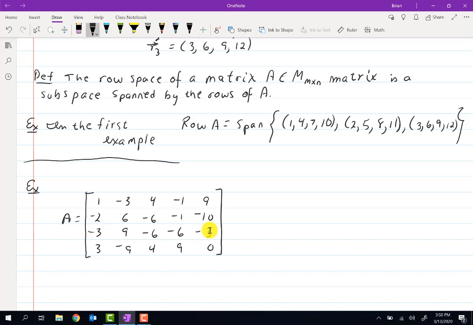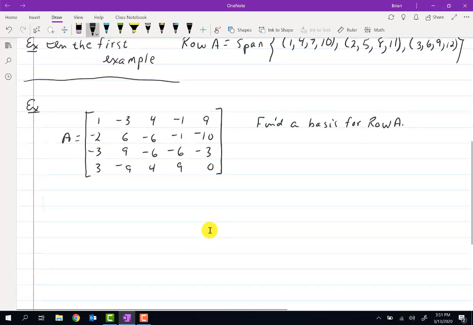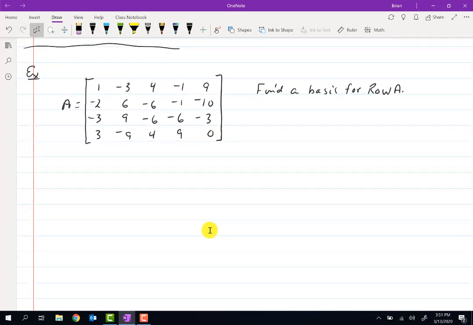So let's find a basis for row A. And as you can guess, we're going to do elementary row operations until I'm done. So the first thing I'm going to do is use this 1 in the first entry of this matrix to wipe out all the elements underneath of it in that column.